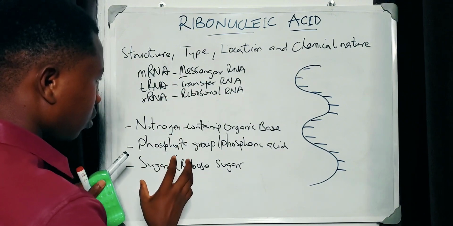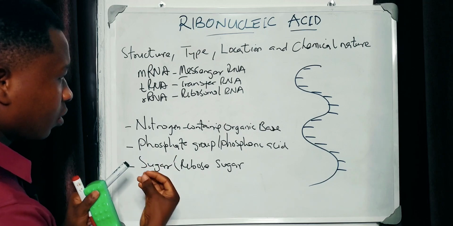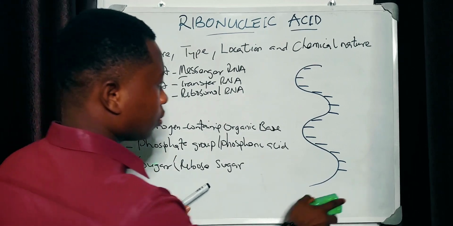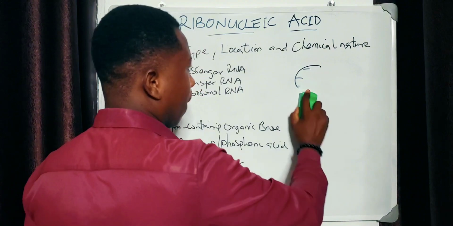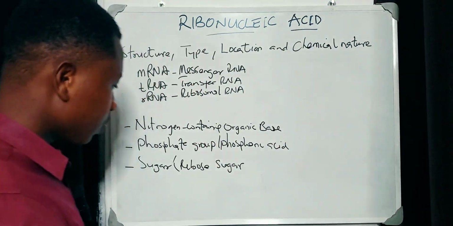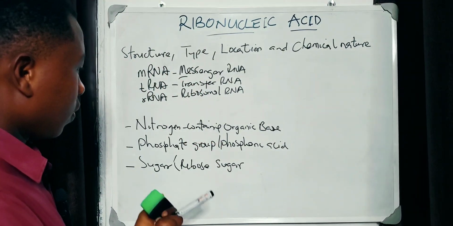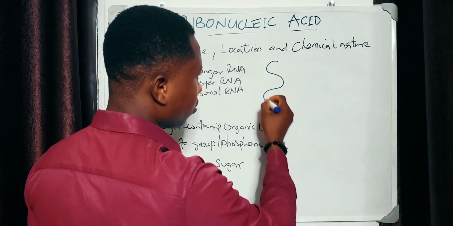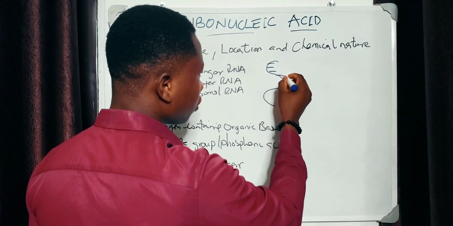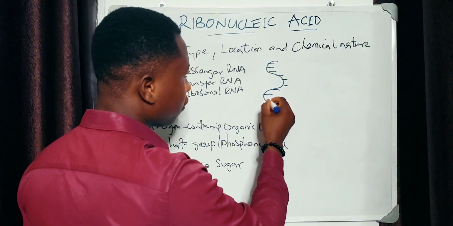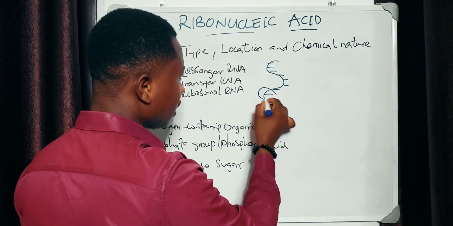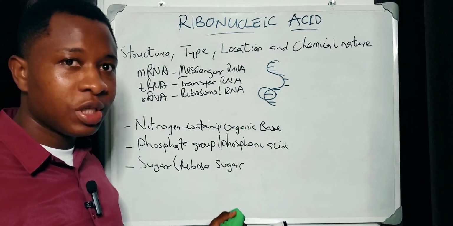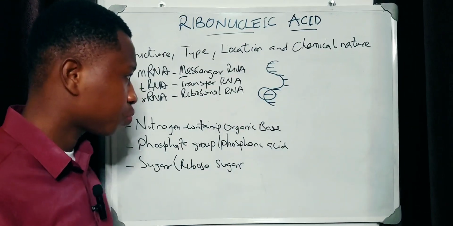Now, we are going to be looking at these chemicals in terms of their positions and their structure. So let's take this off. Let's assume that we take out a portion of, let's take out this portion of the single-stranded RNA and study it in a bigger view.